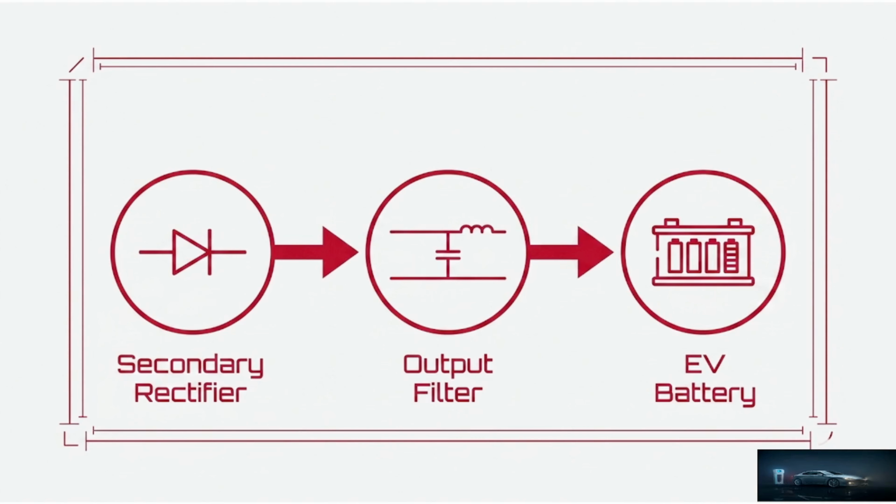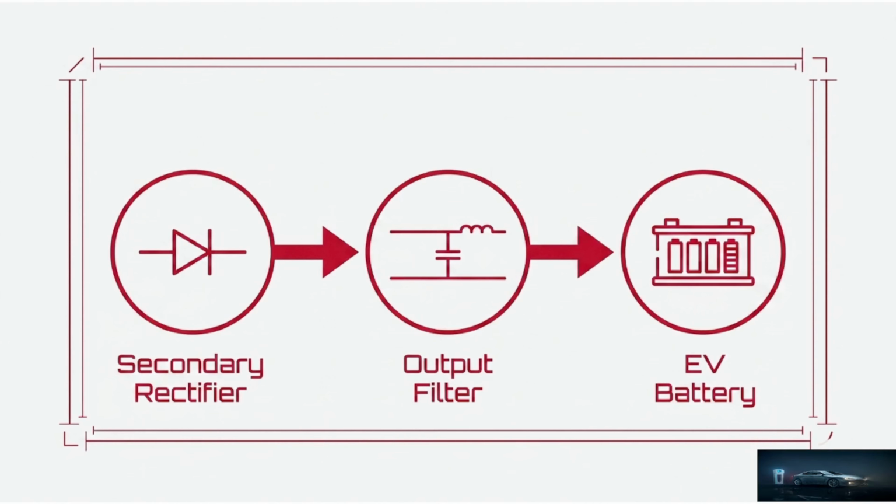You can see in the PPT, these are the 3 components after zone 2, lying in zone 3. We will talk about them one by one. As you can see in the PPT, in zone 3 the first component is the secondary rectifier, then the output filter, and finally the EV battery.